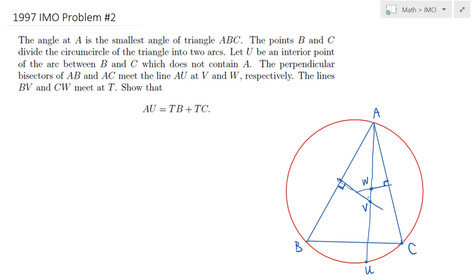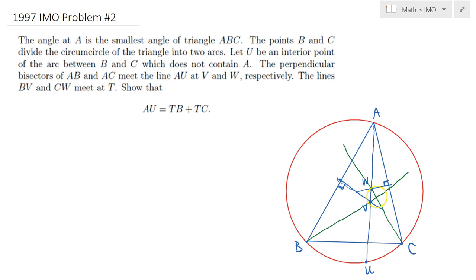And finally, we are told that the lines BV and CW, so let's use another color here. So we have the line BV, something like that, and CW, something like that.